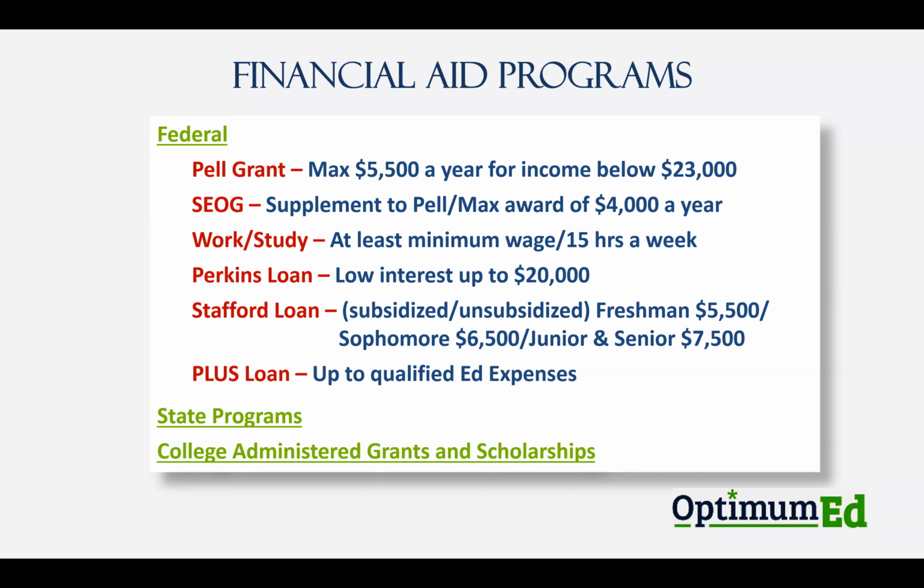And of course, depending on the state you're in, there are state programs for residents, private and public school grants, scholarships, and the college administered grants and scholarships that they offer as well. So those are the sources, and then of course there'll be outside and private scholarships.